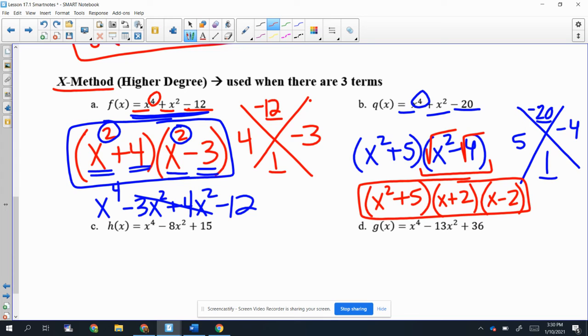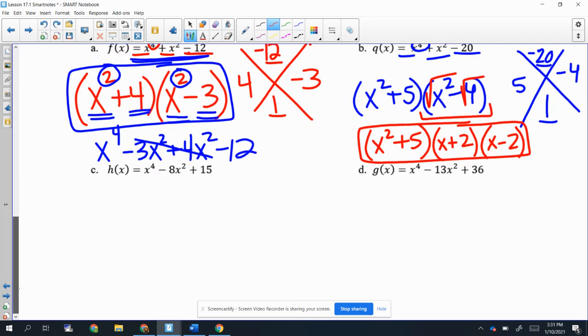So you've got to be careful. You've always got to check to see, can this factor any further? All right, so then we go ahead and do part C here. We should get 1 times 15, which is 15, and negative 8.